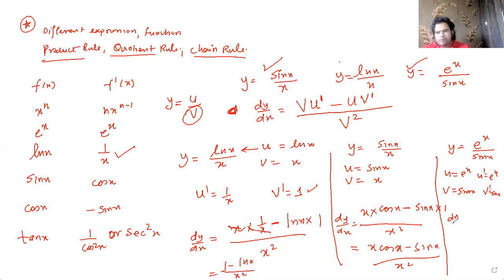When you want dy by dx, it'll be v squared, which is sine squared x, sine x as it is, times derivative of u, which is e to the power x itself, minus e to the power x times derivative of sine x, which is cos x. If you wish to take e to the power x common, it will be sine x minus cos x over sine squared x. So that's the derivative of this function.